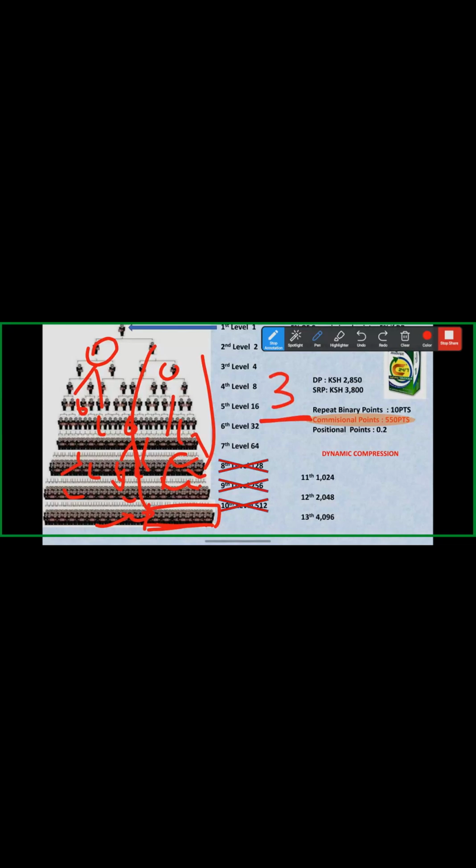But what it does, it compresses all these people into person 1, person 2, person 3. Then this is your first level. Then it continues further down.